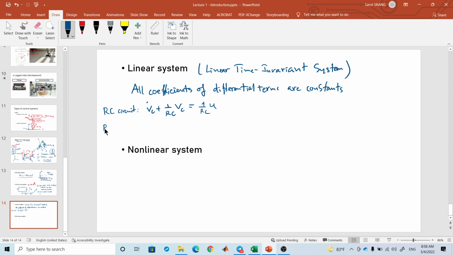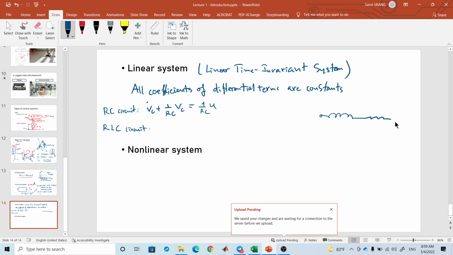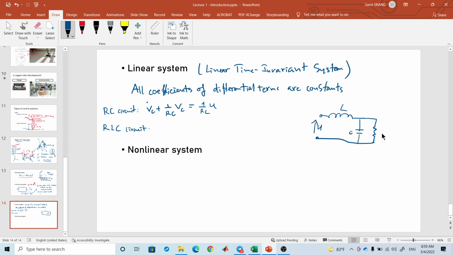How about an RLC circuit? U here, C, L here, R here.